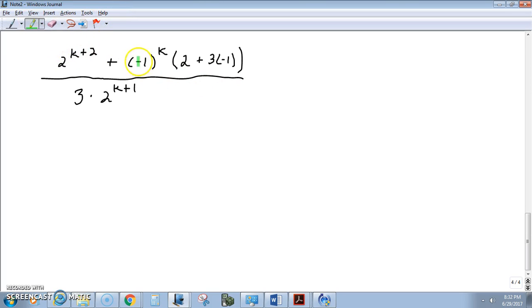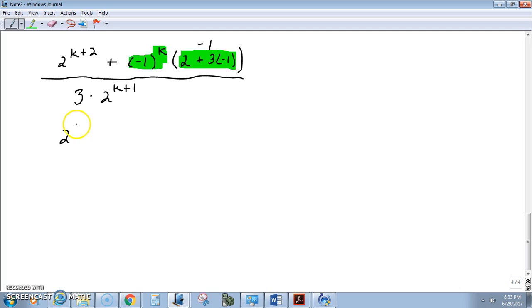So I took out negative 1 to the k, and I was left with 2 plus 3 times negative 1, which is just another way to say negative 1, and negative 1 to the k power times negative 1 is negative 1 to the k plus 1.